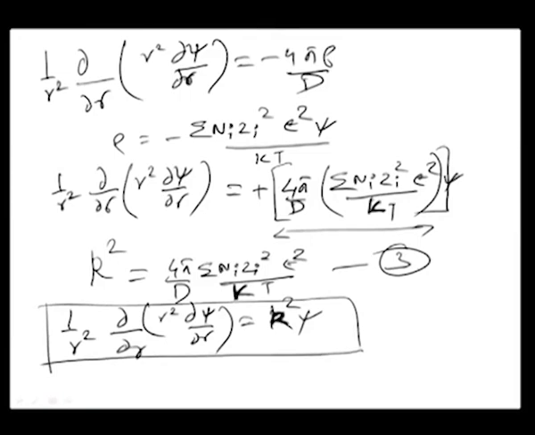It is not partial anymore because only one variable is involved, and the standard solution comes out as xi equals some constant a times e to the power of minus k r by r plus some constant a dash times e to the power of k r by r.